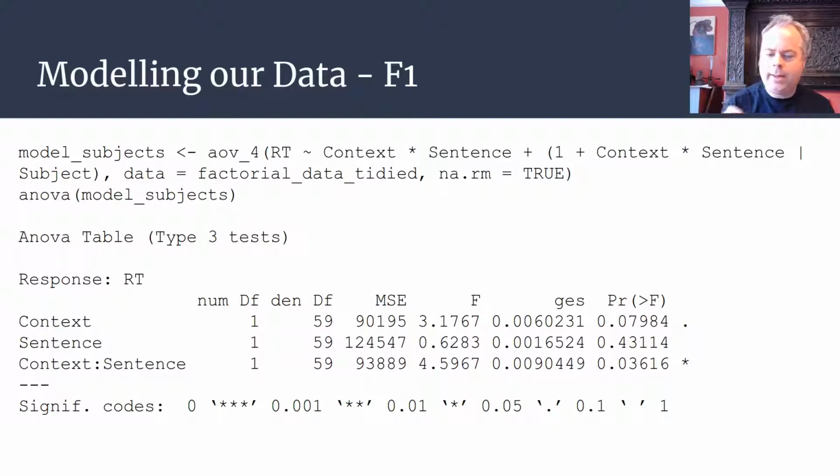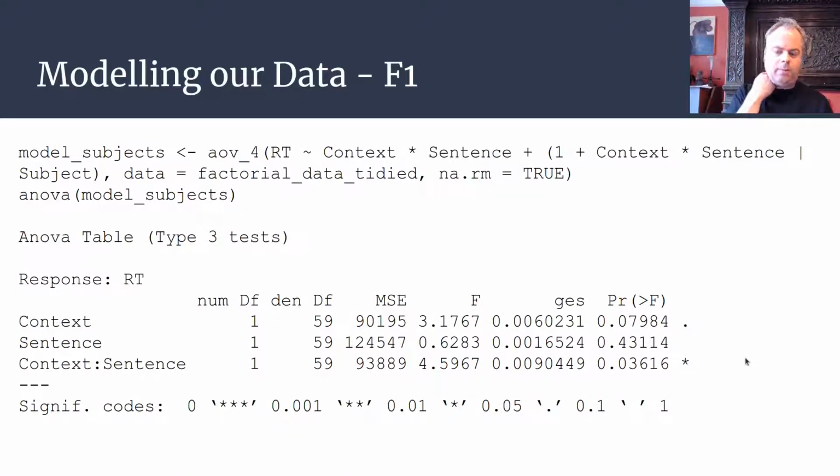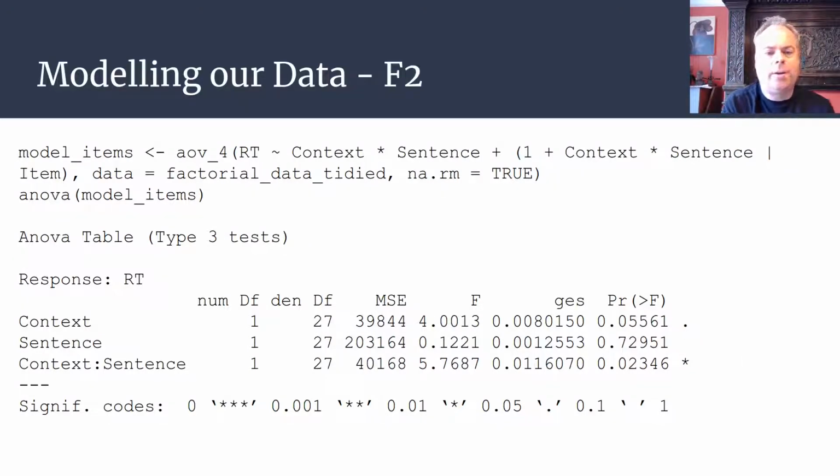But critically, in this case, the interaction effect is actually significant. Our F value is about 4.6, and it's significant at the 0.036 level. So it tells us that we don't have any main effects here, but we do have an interaction effect.